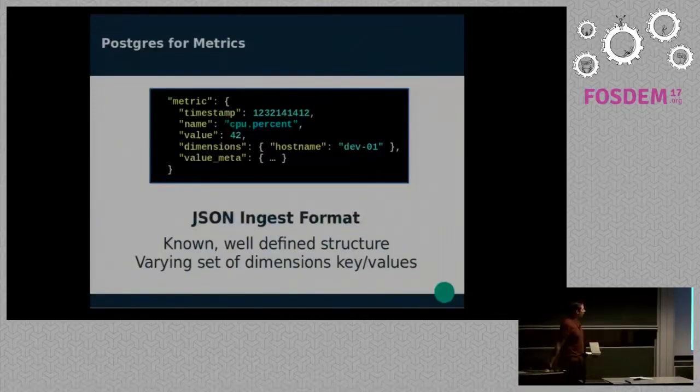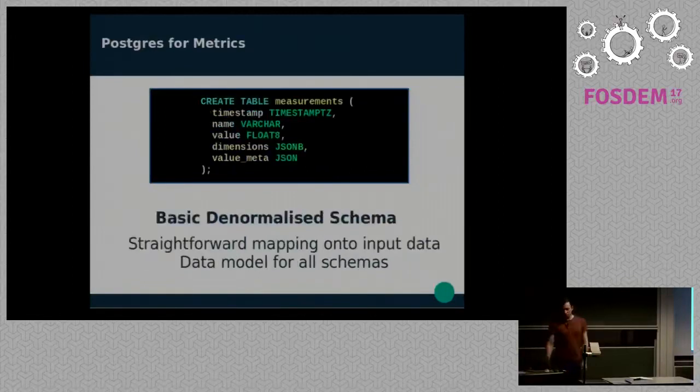So for a CPU percentage, you get a host name. And there's a value meta, which is an extra bit of data you can store but never really gets processed in any way. So, fairly simple. Stick this in Postgres. You're probably all thinking this is a terrible idea, but there's more to the talk.